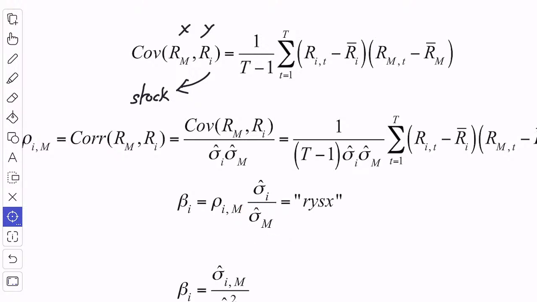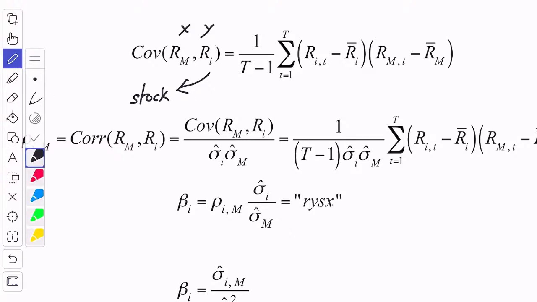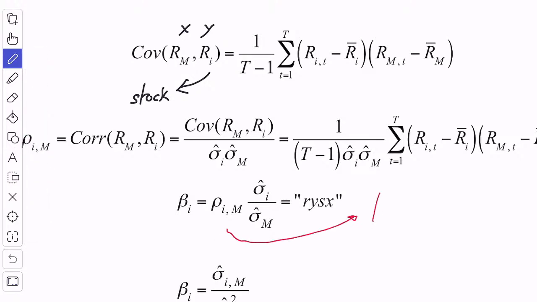And we notice that we can write this in a different way. If instead of writing correlation, I wrote the standardized covariance, and we could have done this earlier, but I'm going to do it here.